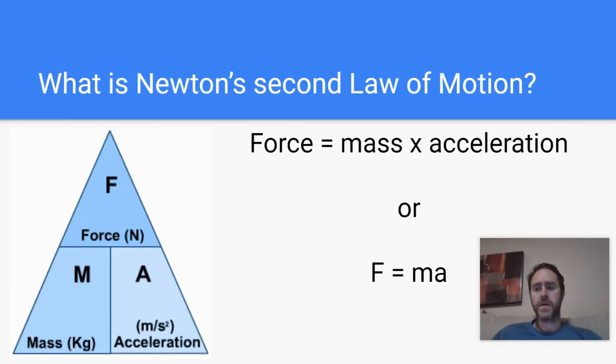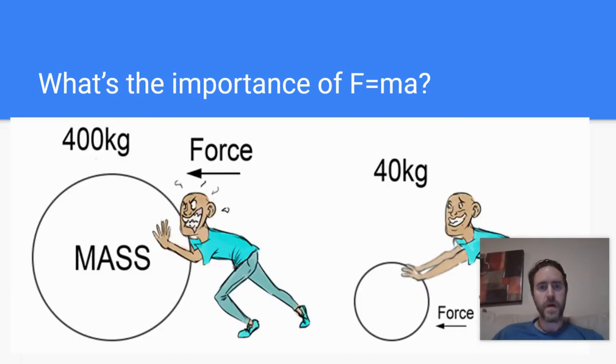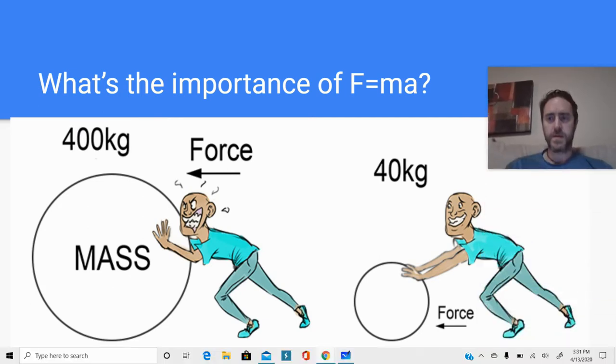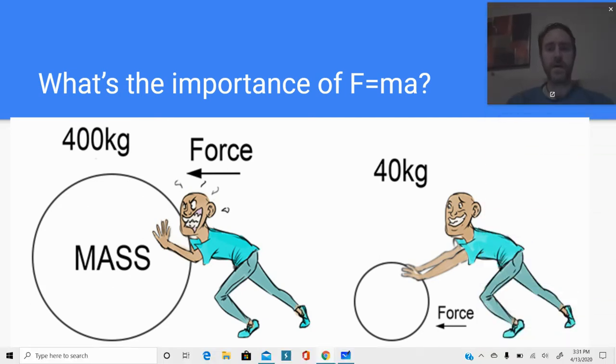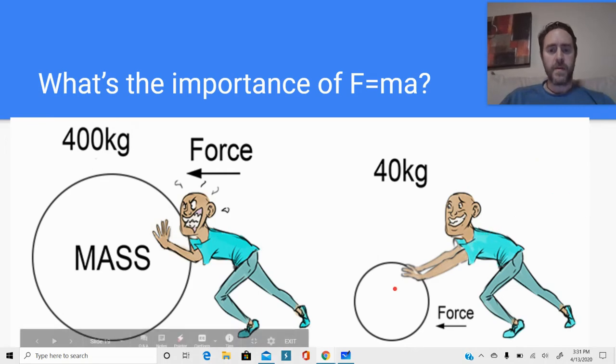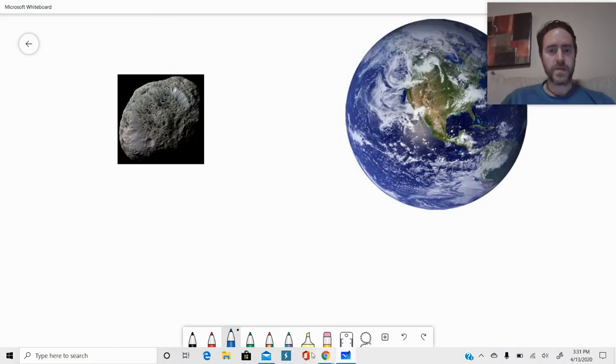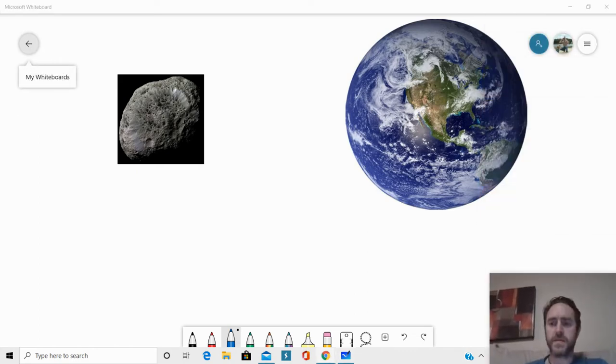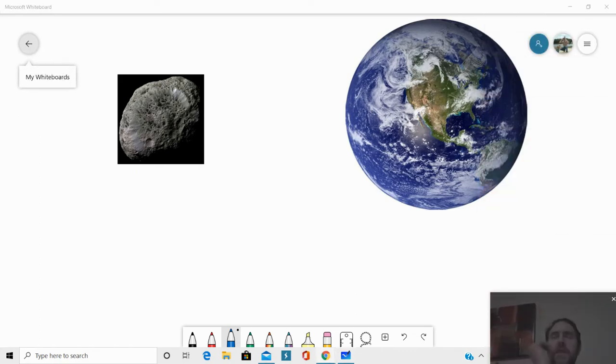Okay, let's take a look at a couple of examples. What's the importance of F equals ma? I'm actually going to switch over to a different program here, just so I can draw on it. First, let's pretend that we're doing this. If you've ever watched the old Bruce Willis movie called Armageddon, there's this asteroid hurtling towards Earth, and they have this big plan to drill into the middle of it and blow it up.